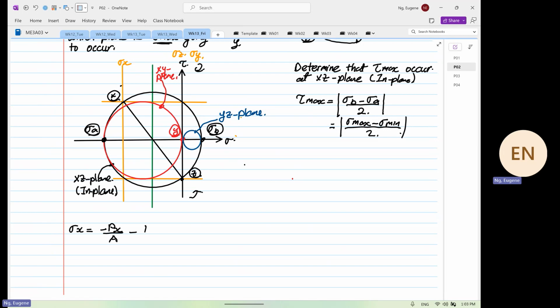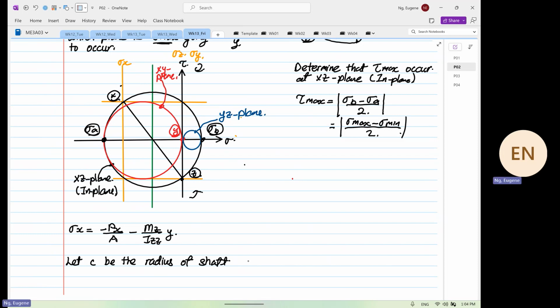And minus Mz over Izz multiplied by Y. Okay, so this is our stress in extraction. We're going to let C be the radius of the shaft.